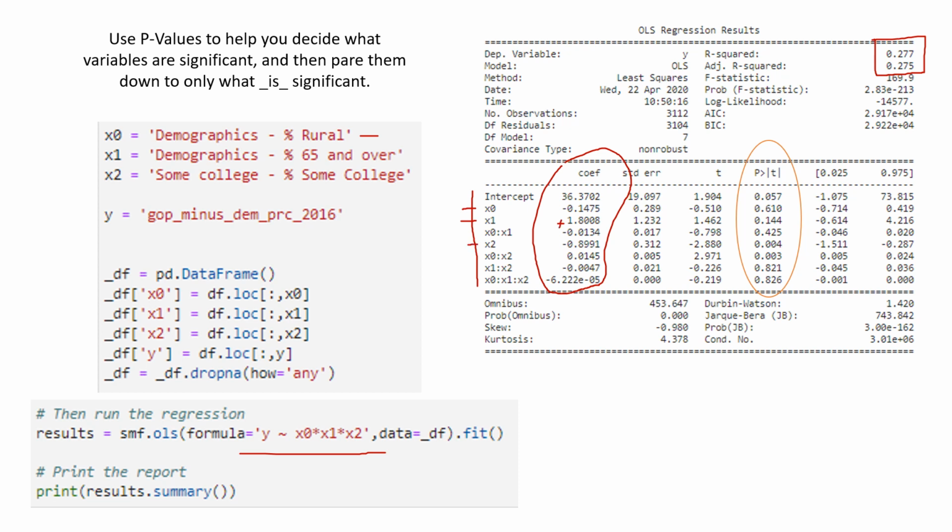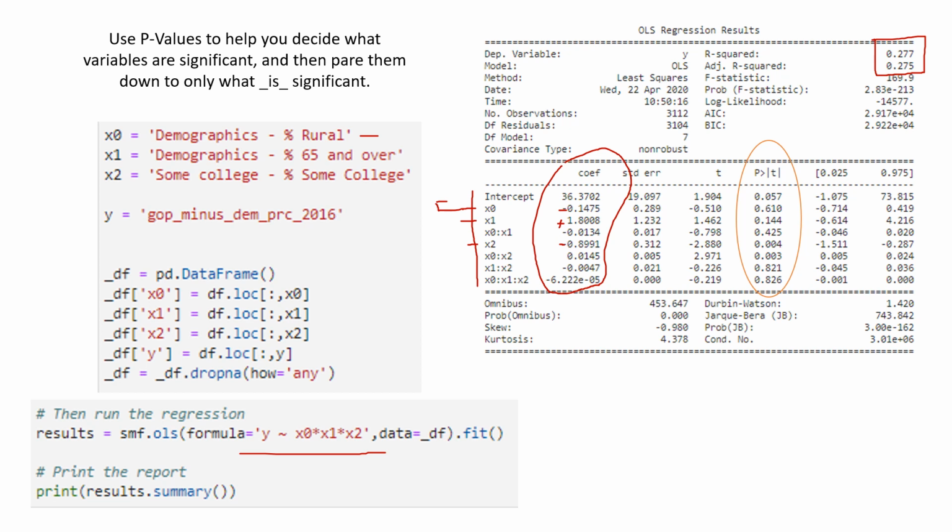And x2 is here. The more college they've had, the less likely they are to vote Republican. So what you get is this interesting inversion, maybe, from what you were expecting as far as the rural, when you include these other factors, when you parse these things out.